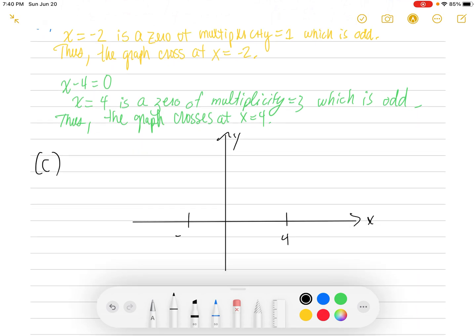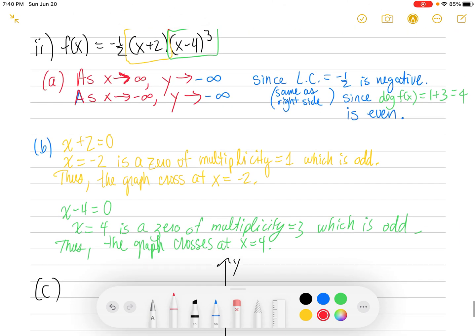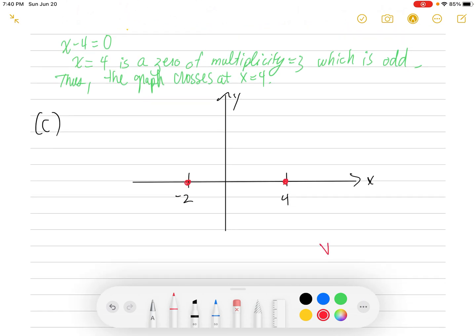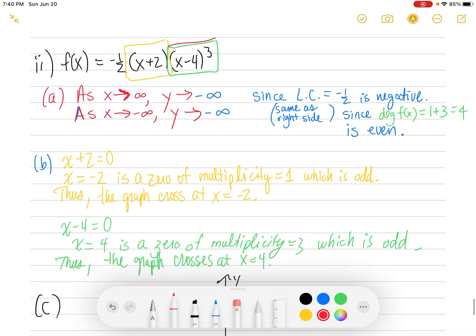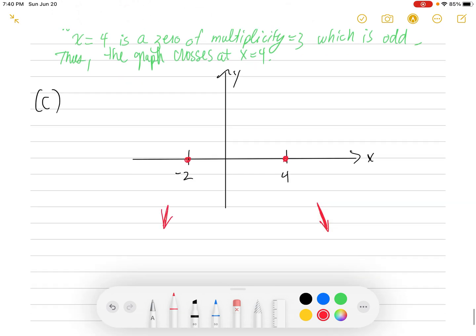I'm going to have a 0 at 4 and 1 at -2, just being really generic, not being super accurate. Now I'm going to look at the right end behavior. We said on the right side, as x goes to infinity, y goes down to -infinity. So we're going to be down there, right? Down on the right. On the left side, as x goes to -infinity, y is also going down to -infinity.